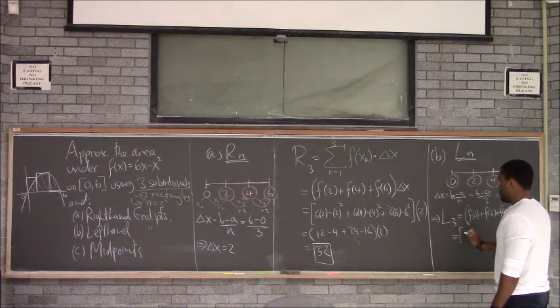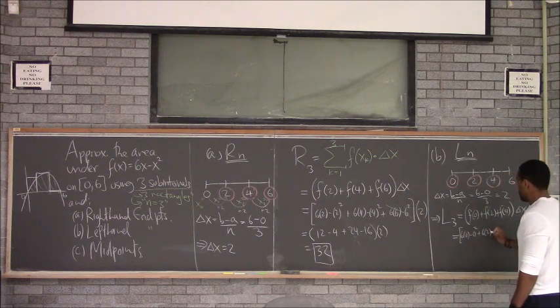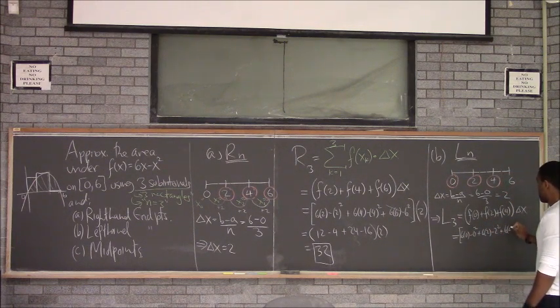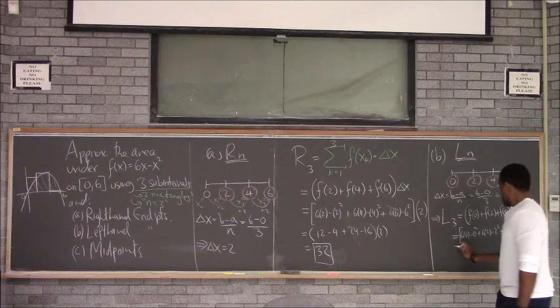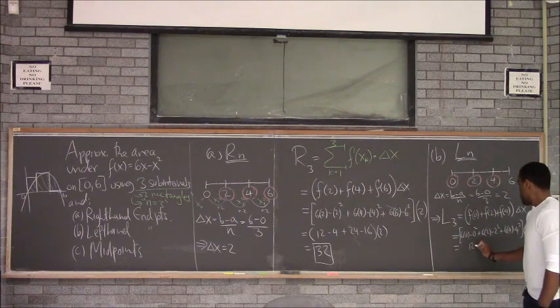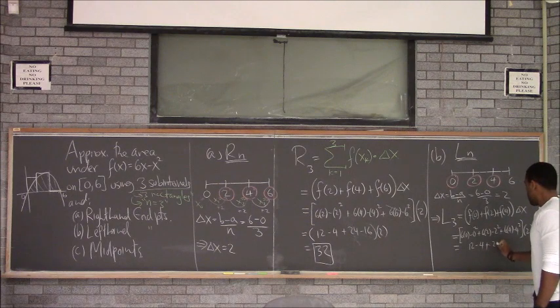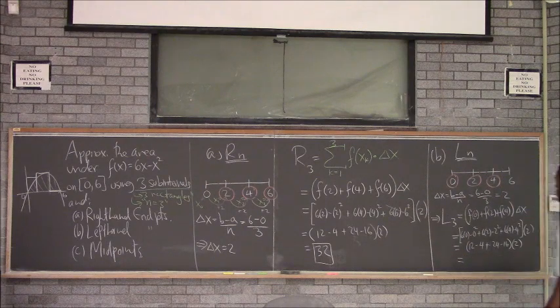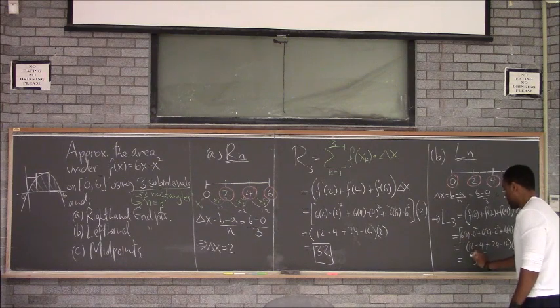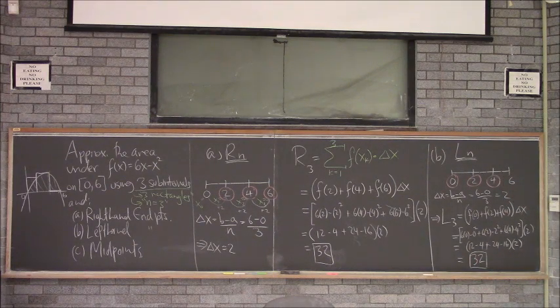And now I plug them in. 6 times 0 minus 0 squared plus 6 times 2 minus 2 squared plus 6 times 4 minus 4 squared times 2. So that's going to be 12 minus 4 plus 24 minus 16. So again, this is positive 4 plus 12. That's 16. So we actually get the same approximation.